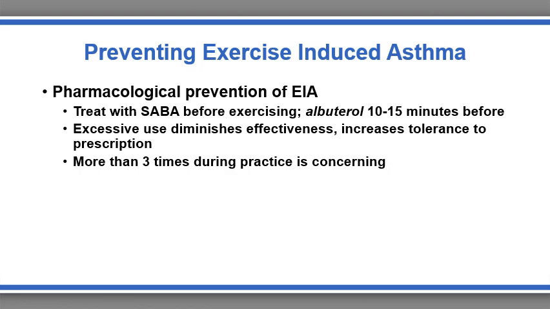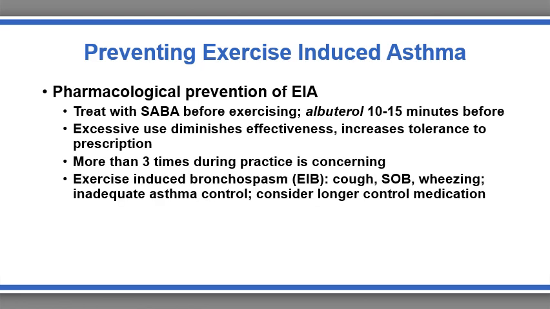You want to make sure it's not getting utilized excessively, because what that's showing is that the asthma symptoms are poorly controlled and there should be a possible change in the protocol.